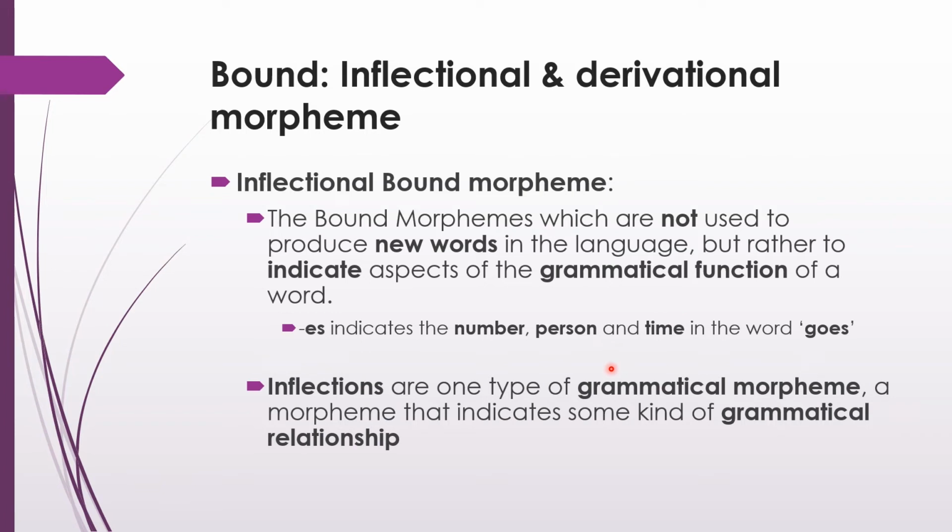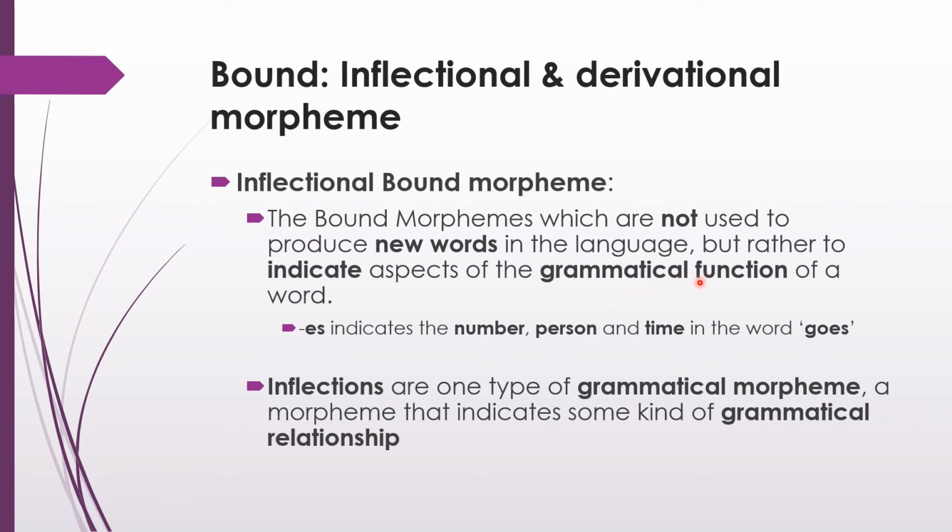And inflections are one type of grammatical morpheme, a morpheme that indicates some kind of grammatical relationship. So what you need to keep in mind is that an inflectional bound morpheme refers to grammatical function, grammatical relationship.